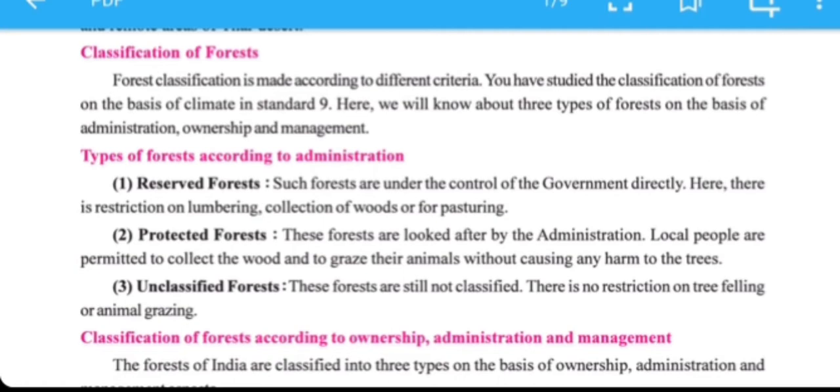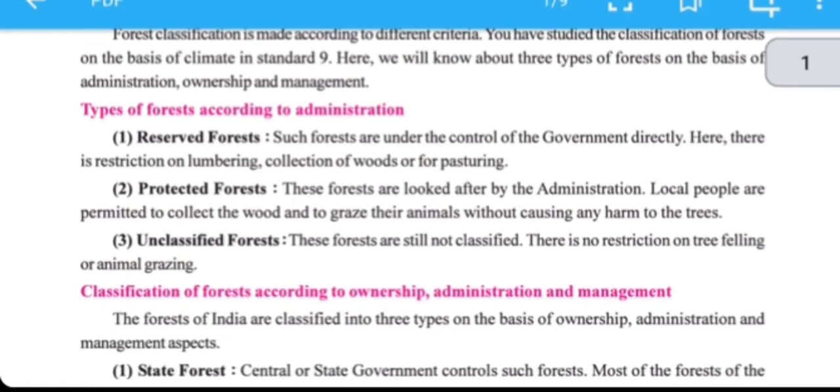There is a restriction on lumbering, meaning you cannot collect the wood from such a forest, neither can animals be taken for grazing, that is pasturing. So a reserved forest is under the direct control of government, and there is a restriction on lumbering and pasturing.